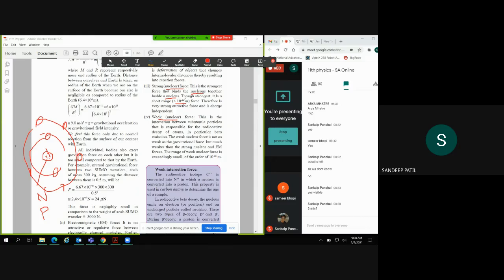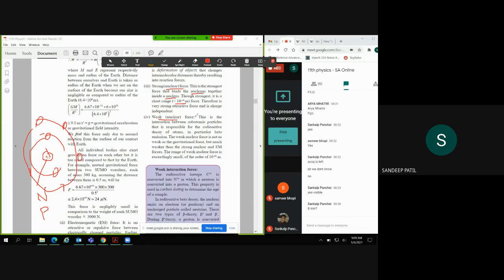It acts at such a small distance, 10 raised to minus 14 meter. So you can think of a very small distance at which this acts, right? Therefore it is a very strong, attractive force, and it is charge independent. Whereas other forces depend on charges, this strong nuclear force does not depend on the charge.